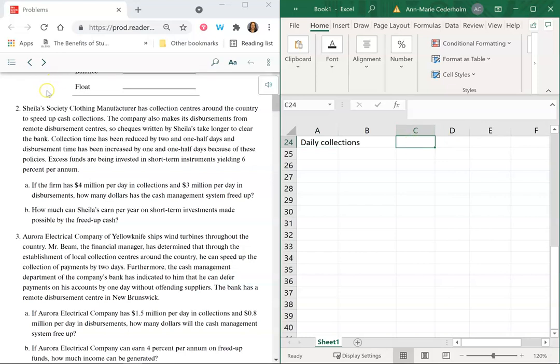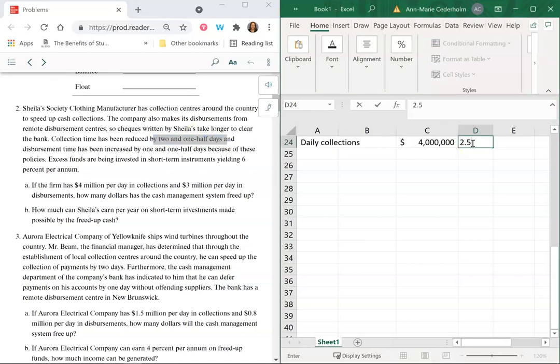So my collections per day is $4 million. Okay, so I have that number. And what I'm trying to do again is speed up this collection cycle by 2.5 days.